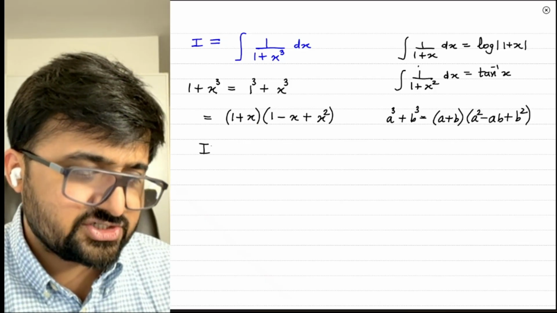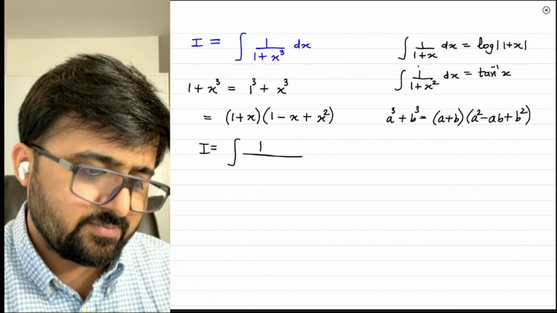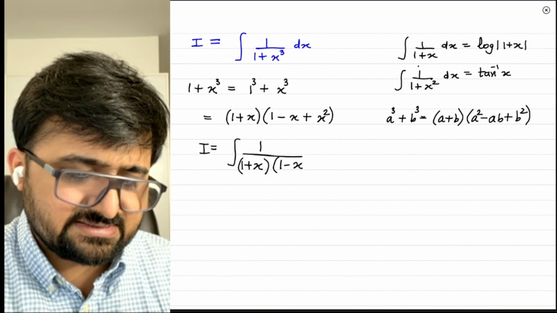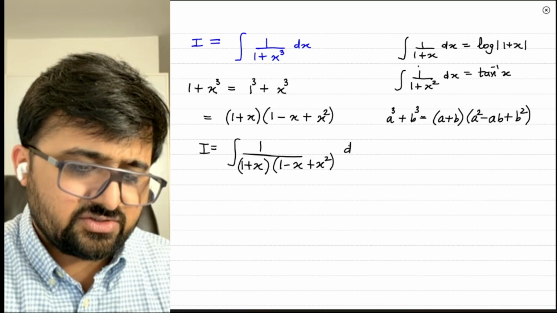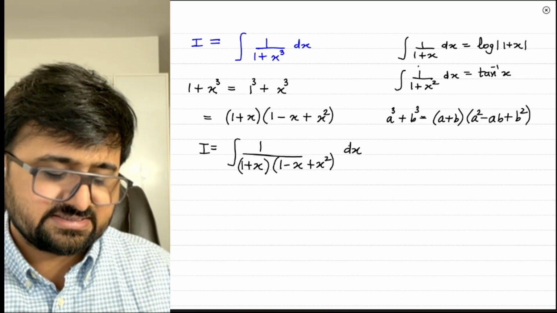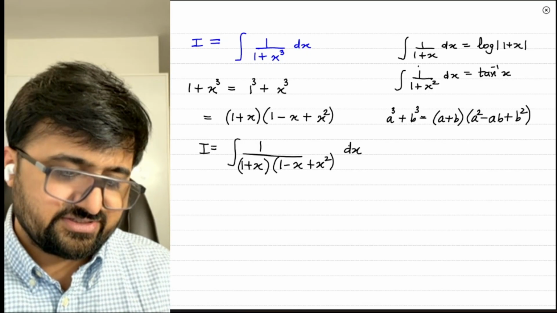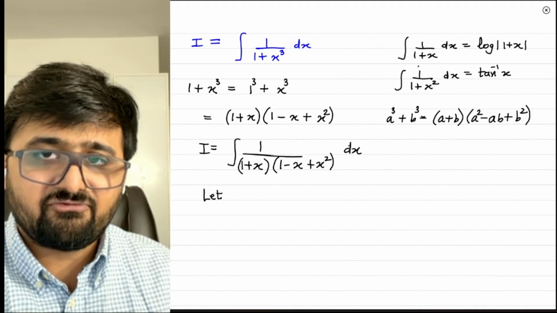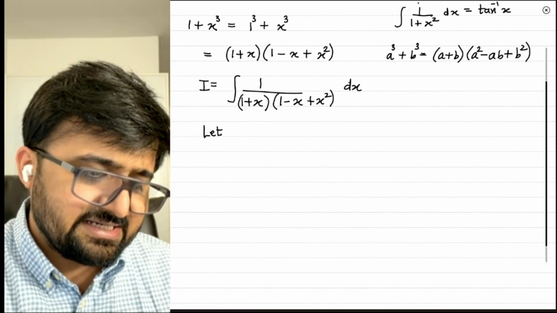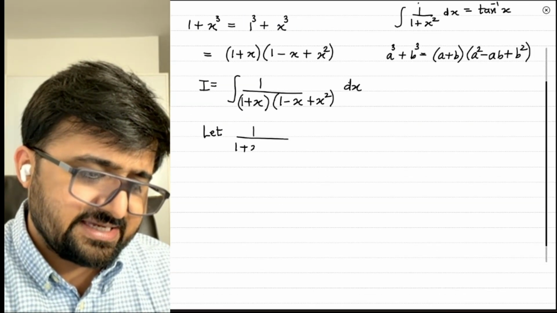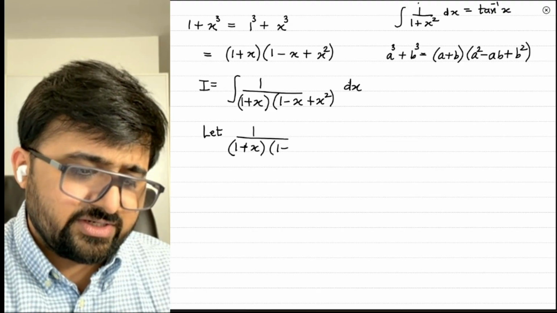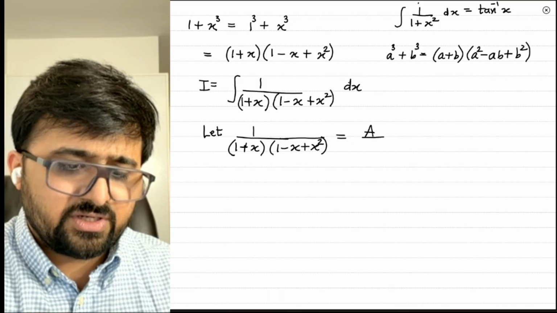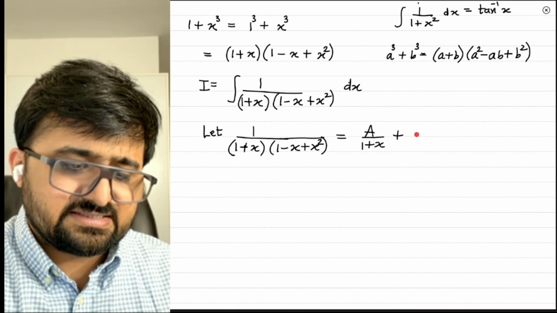Now our integration I will become the integration of 1 upon 1 plus x into 1 minus x plus x square into dx. Now we can apply partial fractions here. Since we have factorized the denominator into a product, let 1 upon 1 plus x into 1 minus x plus x square be equal to a upon 1 plus x plus something.